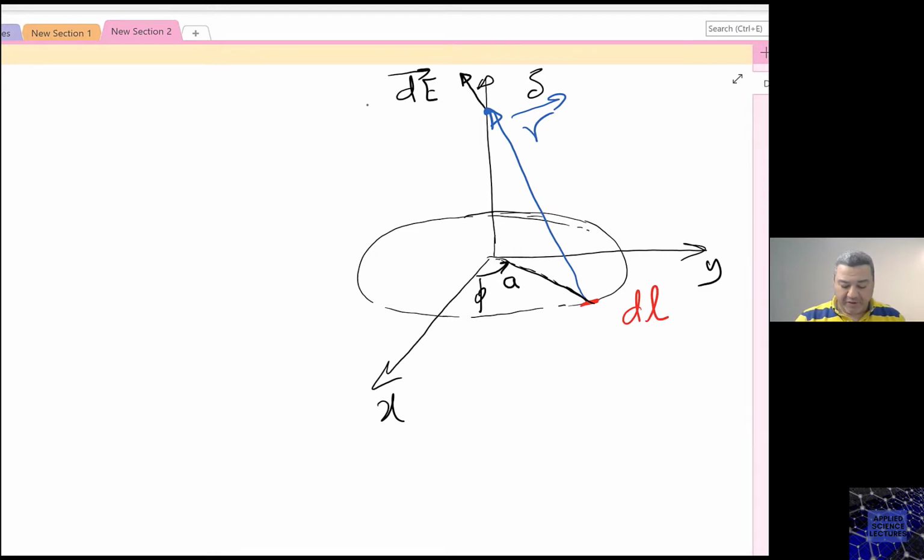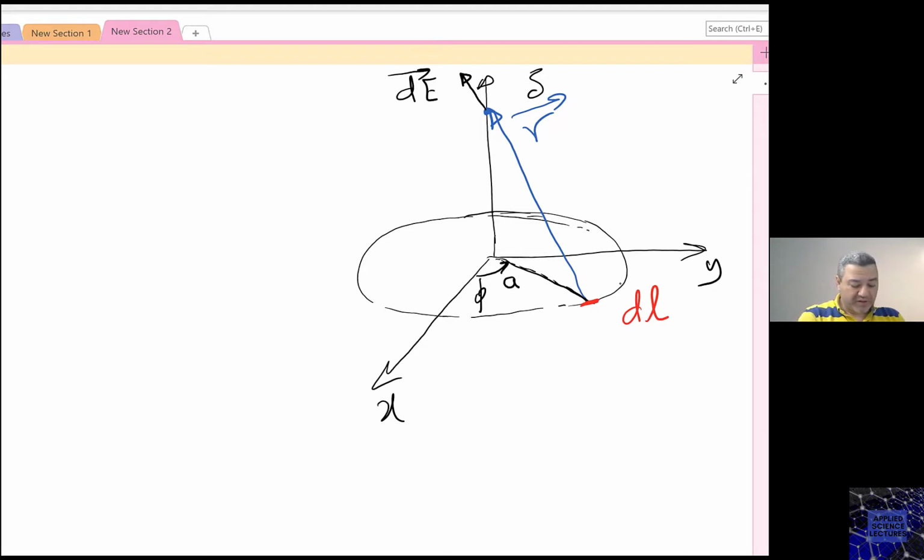Now I need to relate my differential element here, which is this little piece that will have the charge dq, to my variable phi. So how do I do this?